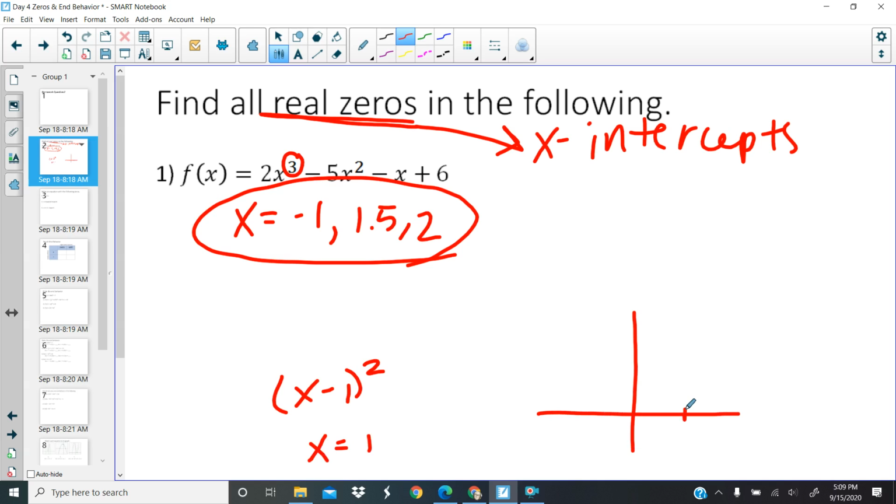Then on the graph in that scenario, your graph would just come down and bounce on +1. That's what we called a bounce in Math 3. So sometimes the multiplicities may be different and you won't find as many zeros, because that would be considered that one zero counted twice. So keep that in mind as you're looking through for all of the real zeros as well.